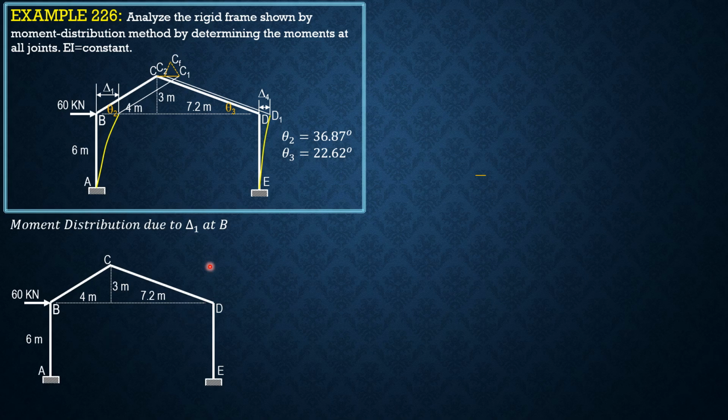DE will have zero sideway, and we call the moments due to sideway R1. So this is delta 1. That's the end of BC, and this is the triangle for relating the displacement of CD in terms of delta 1, as well as for BC in terms of delta 1.